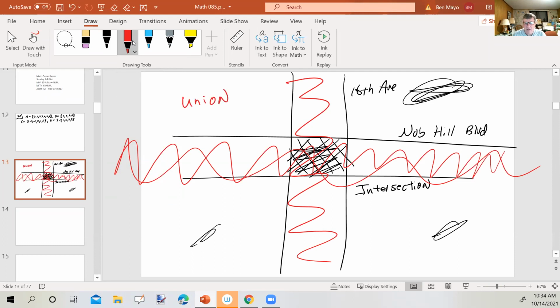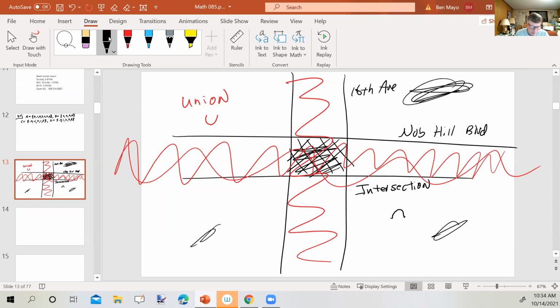The union is all of both put together. The intersection is that which they have in common. Now, the symbol for union is this, which looks very much like a U, but without the little tail. The symbol for intersection looks like this, or sort of an upside down U.